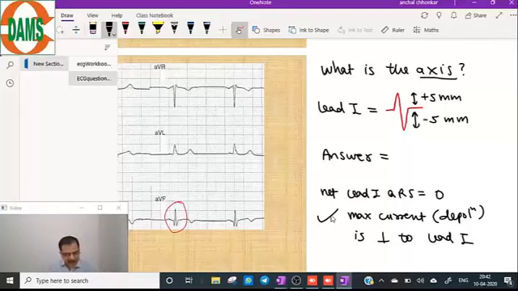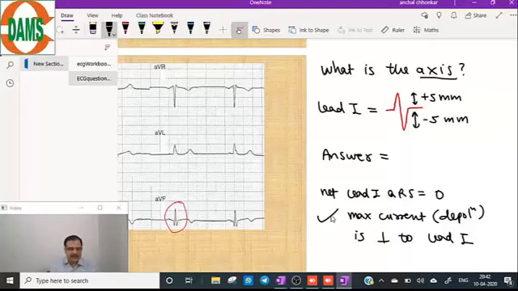Yes, this is how to calculate the net. You have to take both plus and minus and take the net amplitude, and here the net amplitude in lead one is 0. Remember the basic: when the current is flowing perpendicular to a lead, the net deflection is 0.